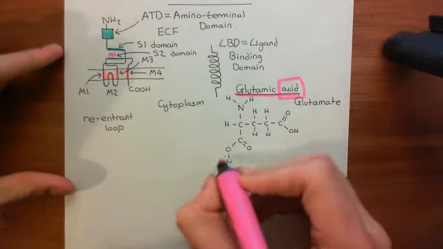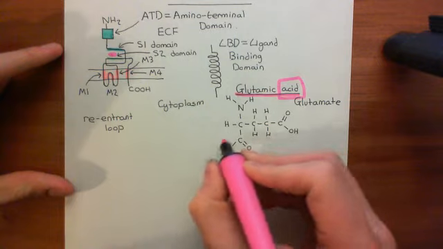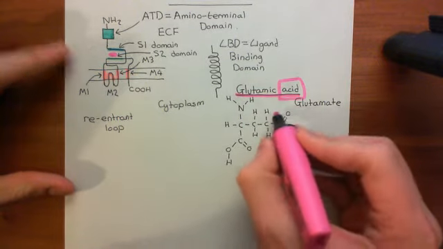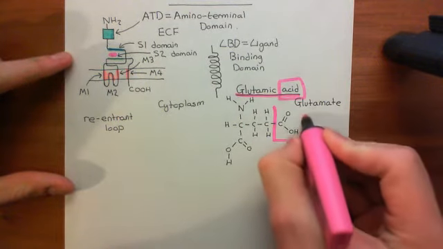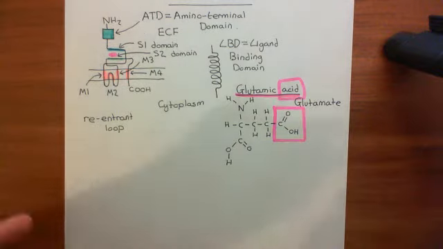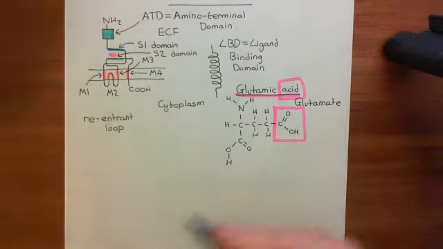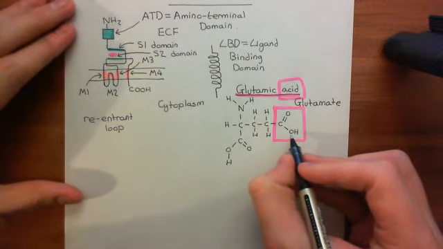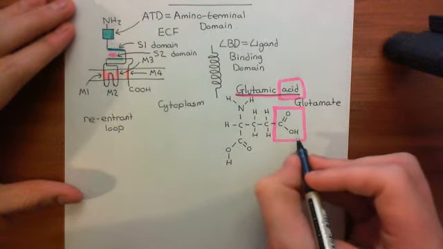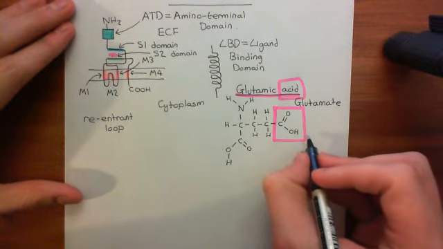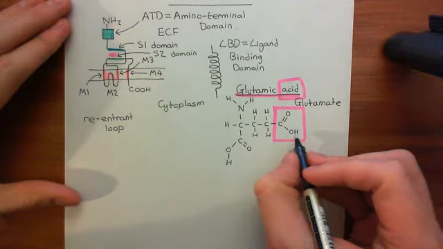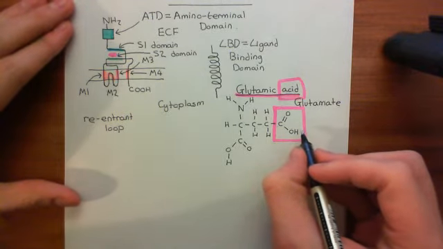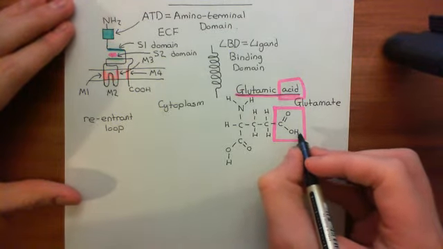I'm not talking about this carboxylic acid group here. All amino acids have that, so ignore that. What we're interested in is this carboxylic acid group within the R group here. That is capable of donating a proton into the solution. Carboxylic acid groups are acidic because they are capable of donating protons away into solution. That's the characteristic you need to have in order to be considered an acid.